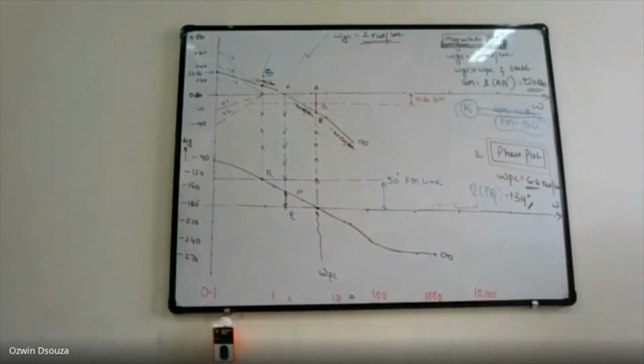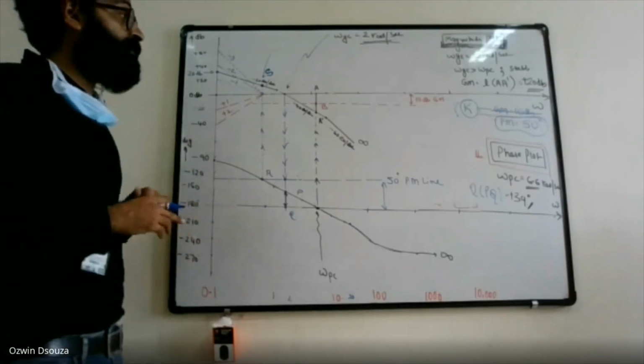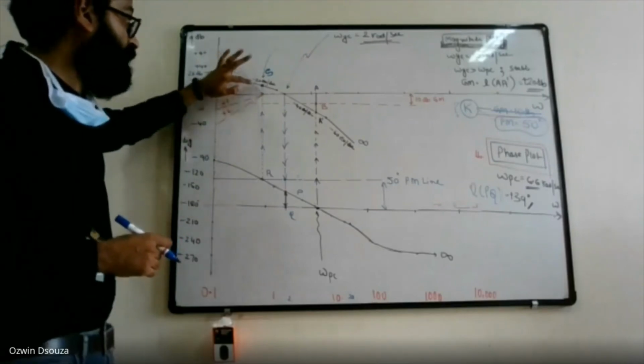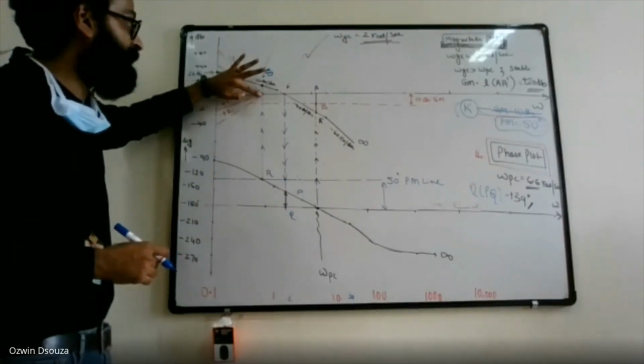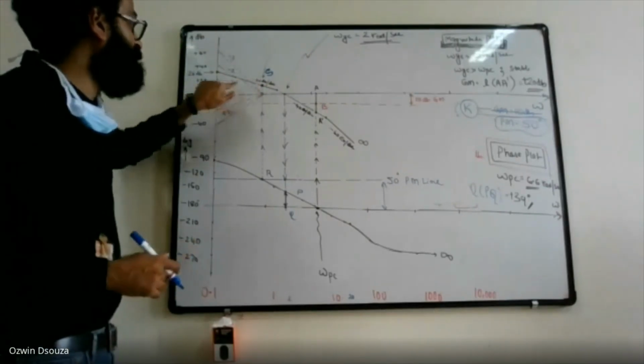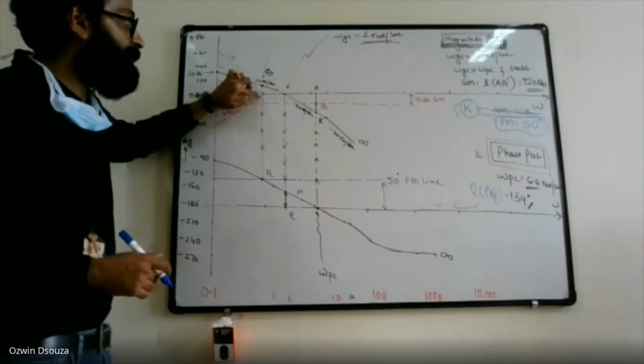But phase margin needs to be calculated at gain crossover frequency. So gain crossover frequency is the frequency at which your magnitude plot cuts 0 dB line. But your magnitude plot is not at 0 dB, right? It is at close to 10 dB, right, at this point. So what is that you should do? You are not getting 0 dB line, right?